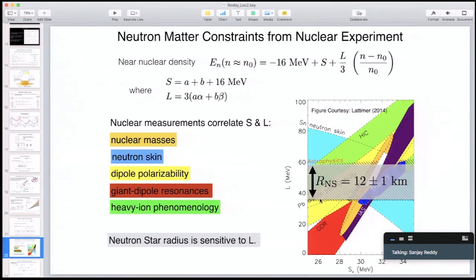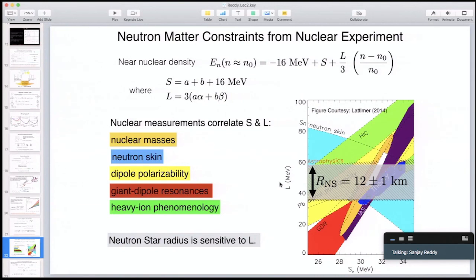In addition, we will now learn that the neutron star radius, for example, is very sensitive to L. If the neutron star radius was 12 plus or minus 1 kilometers, then it tells us something about how big L can be. And we'll come back to discussing how this sensitivity arises between the neutron star radius and this L parameter.